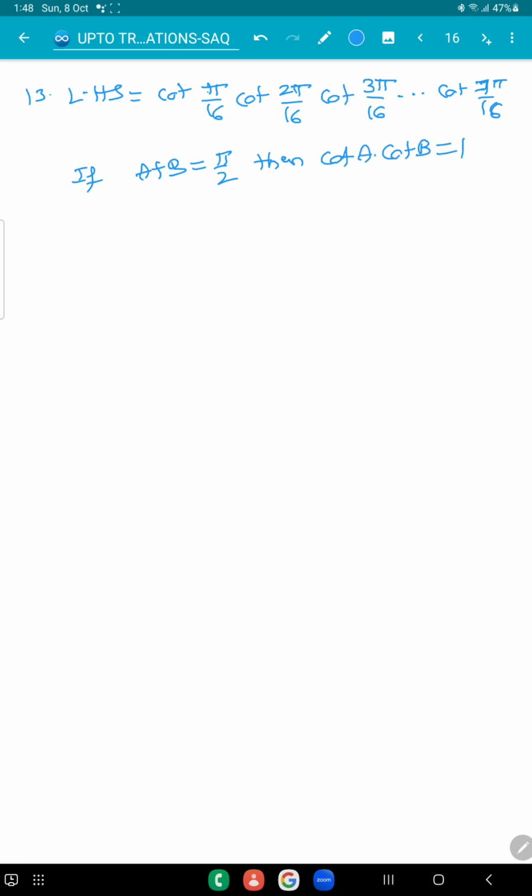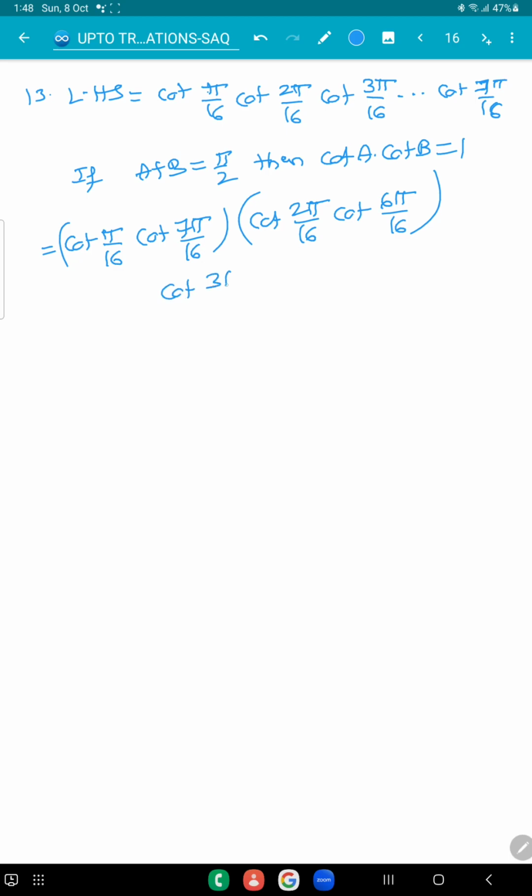So let us write the left hand side like this: cot pi by 16 and cot 7 pi by 16 in one group, next cot 2 pi by 16 and cot 6 pi by 16, next cot 3 pi by 16 and cot 5 pi by 16, and in the middle we have cot 4 pi by 16.